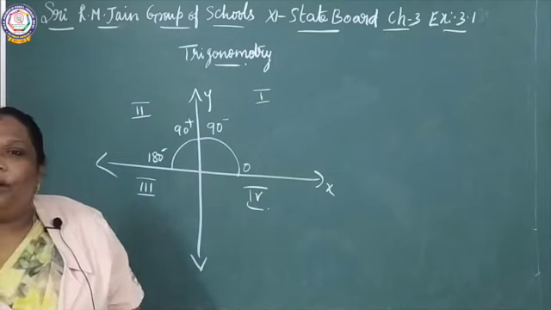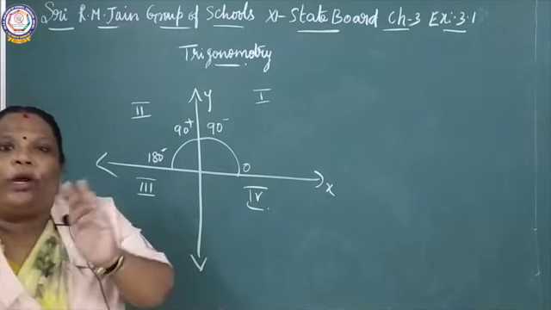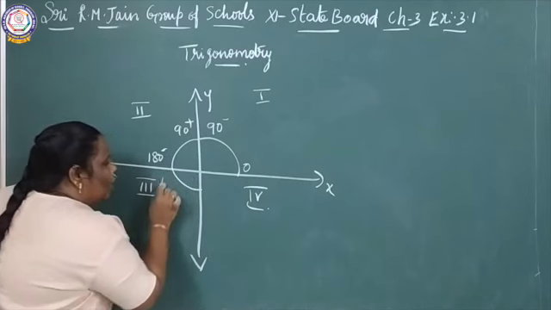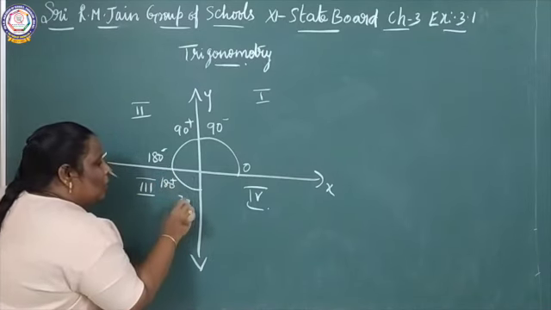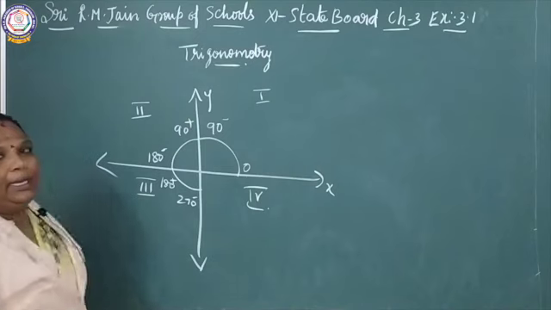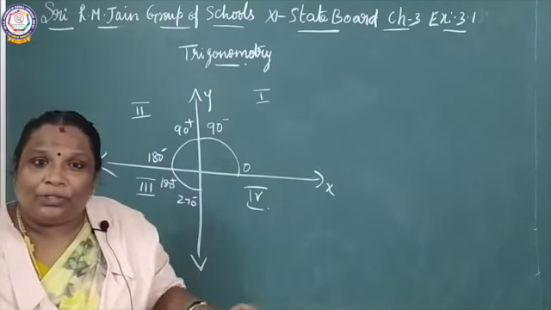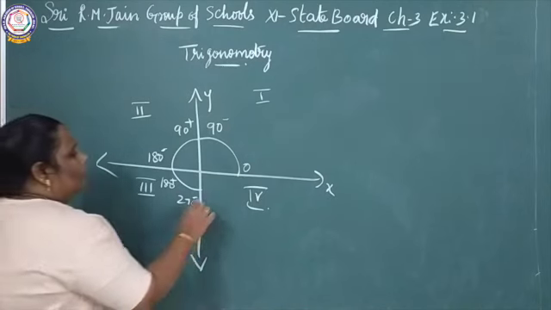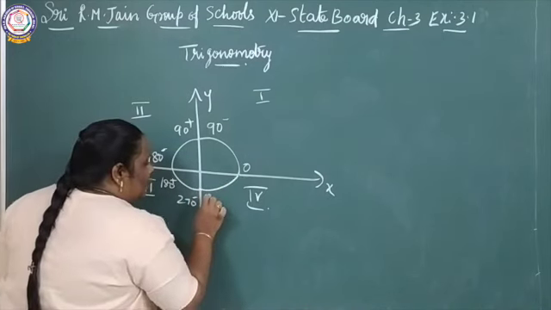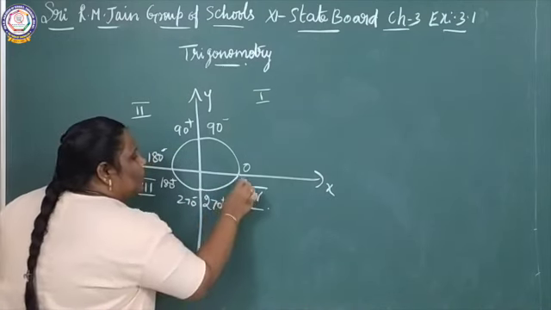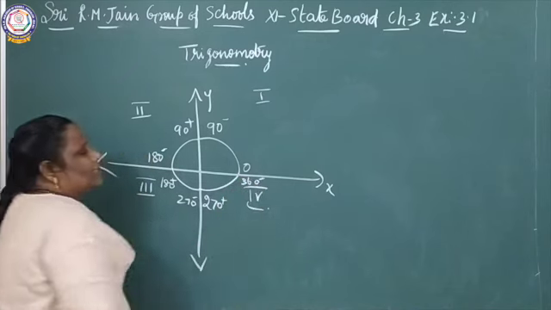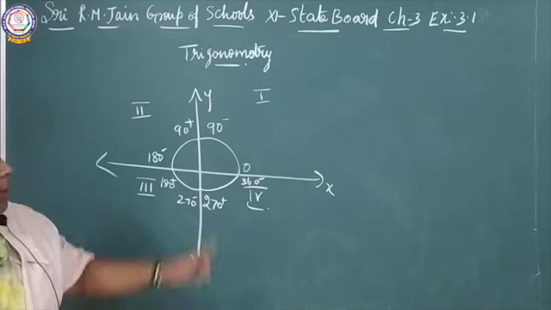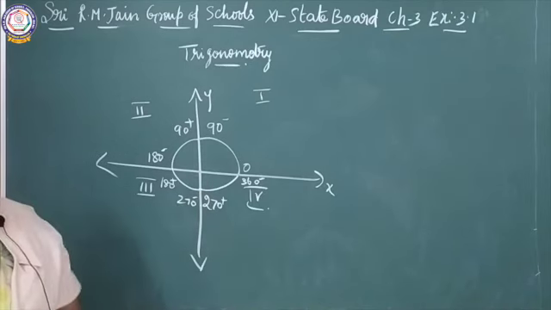The third quadrant is 180 plus to 270 minus. The fourth quadrant is 270 plus to 360 minus. So one complete rotation is 360 degree.